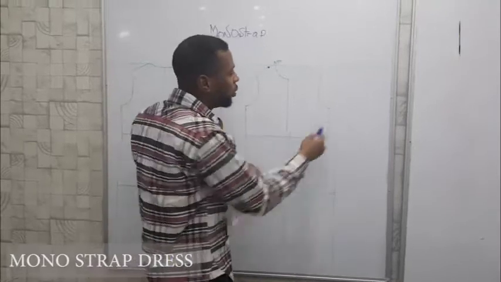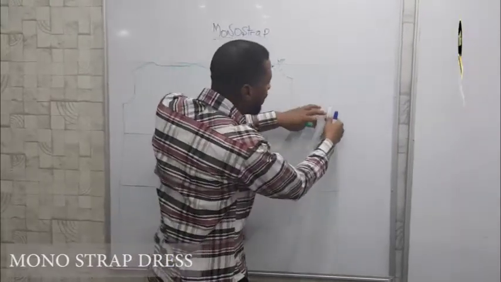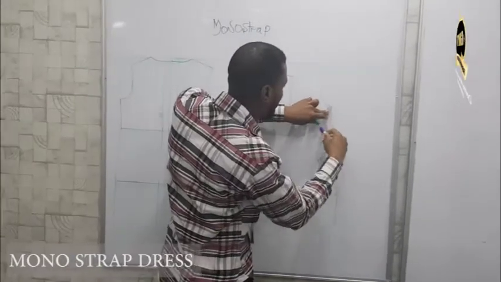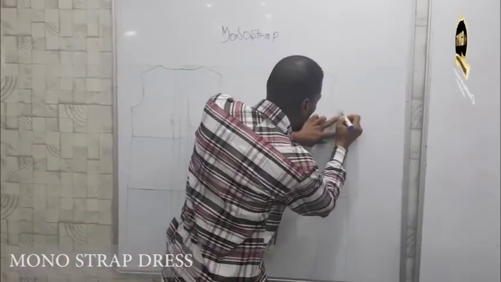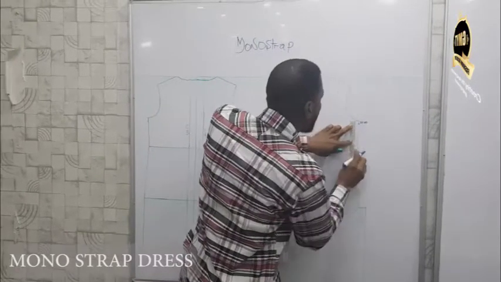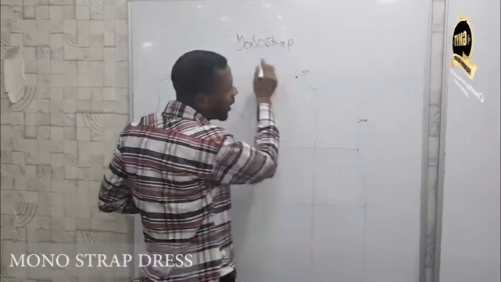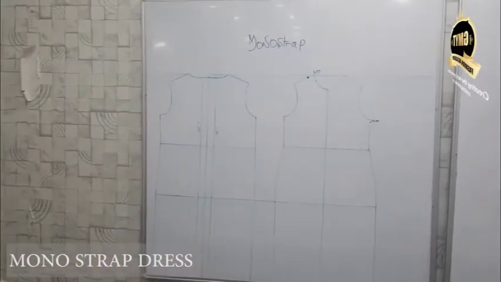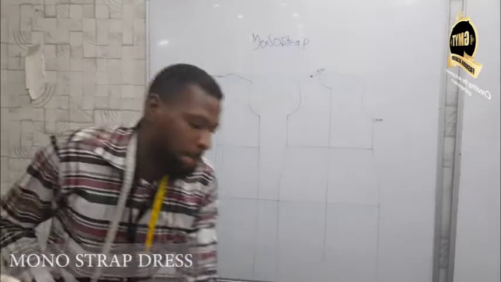And how do you do that? You can come down on your underarm like 1 cm or 1.5 cm. So I'm doing 1 cm here. Once you do that, you connect the neckline with a curved ruler.